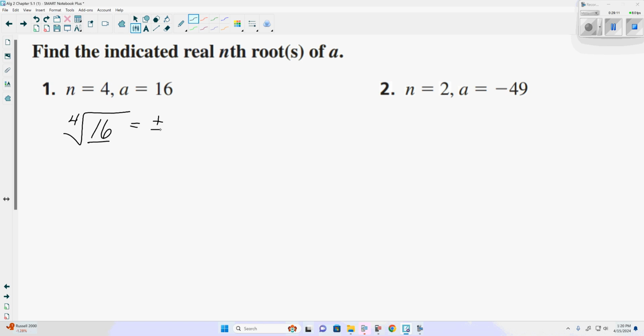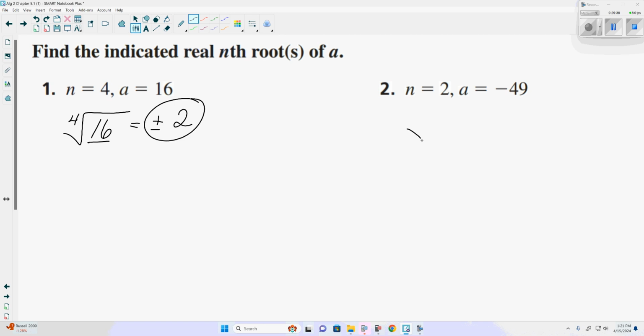The only time we'll have 1 is if the number inside is 0. If it's less than 0, we have no real nth roots. Now the 4th root of 16 is 2. We can plug that in a calculator also. I believe I stated that just a few minutes ago. We good with these so far?